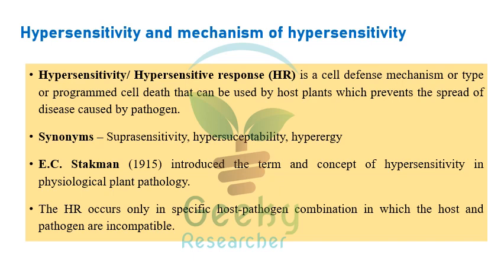The concept and the name were first introduced by E.C. Stakman, a very famous man. Hypersensitivity means programmed cell autolysis to prevent the further spread of the pathogen infection. And HR occurs only in a specific host-pathogen combination.